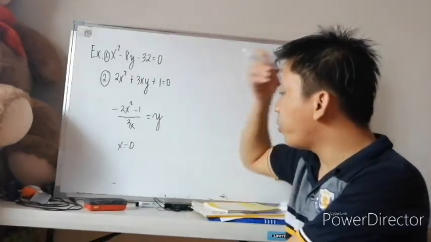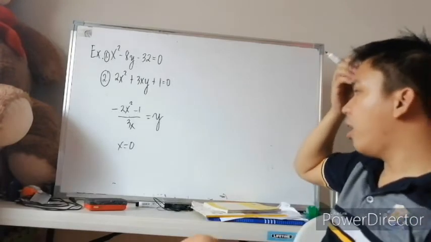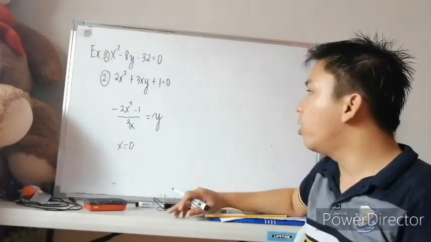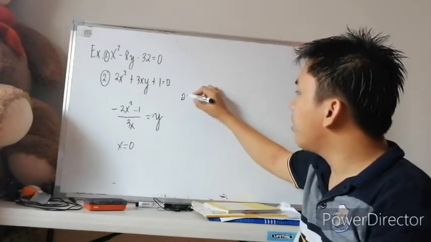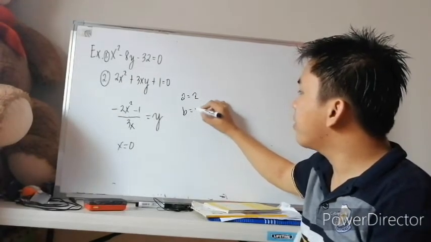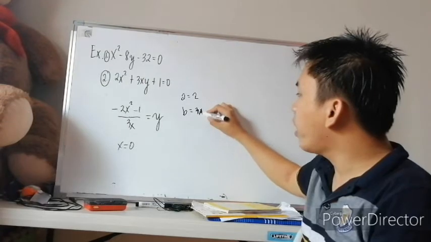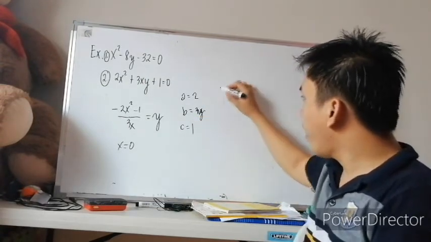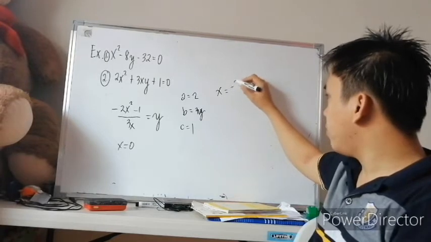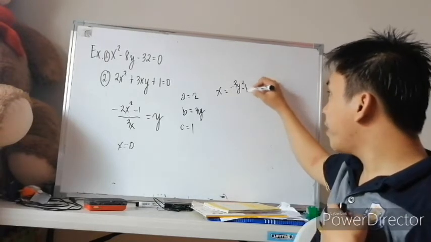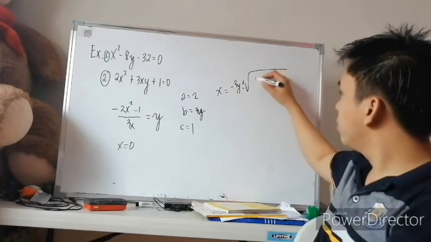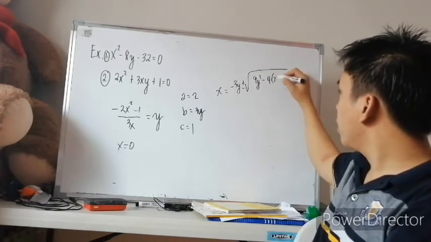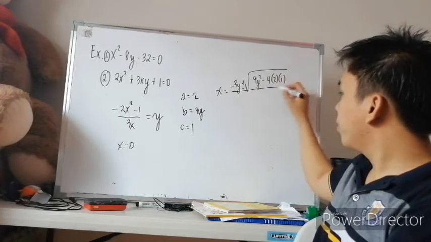Now to solve for the horizontal asymptote, let's solve for x in terms of the other variable. So my a here is 2, my b here is 3y, and my c is 1. So I have x equals minus 3y plus or minus square root of 9y squared minus 4ac over 2a.